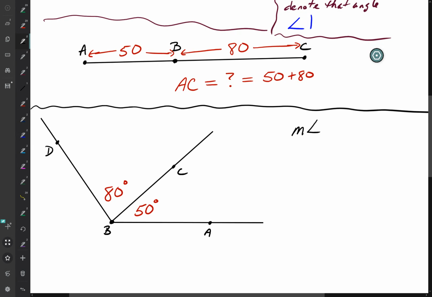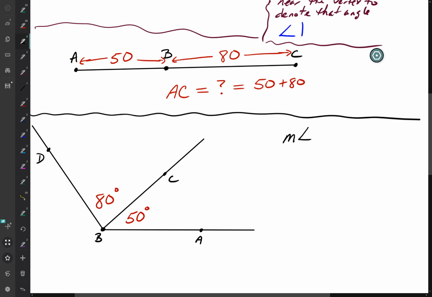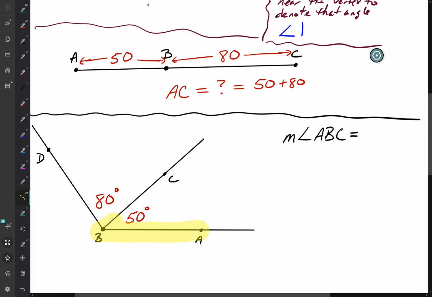They don't want to write the word measure out, so we put a little italicized M there. The measure of angle, let's say ABC. Can you guys tell me what that is? What am I talking about in measure ABC? I'm talking about A to B to C, and I've got that labeled as how many degrees? Is everyone in agreement? Any questions there?